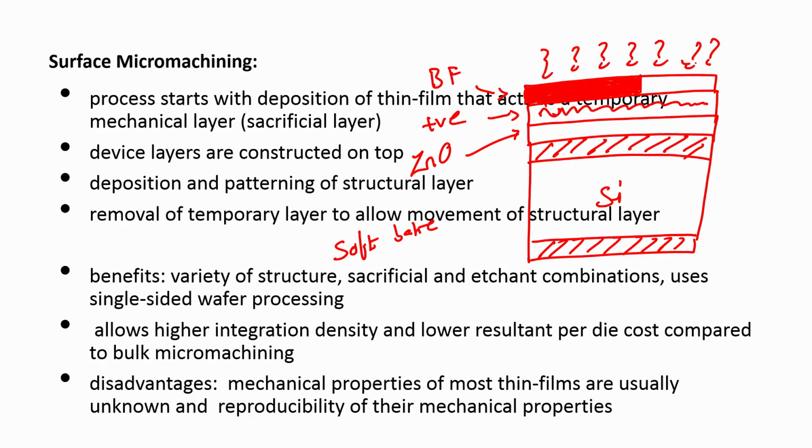After UV exposure, the next step is photoresist developer. When I develop my photoresist, what will I have? I will have my oxidized silicon wafer, and then my zinc oxide material.